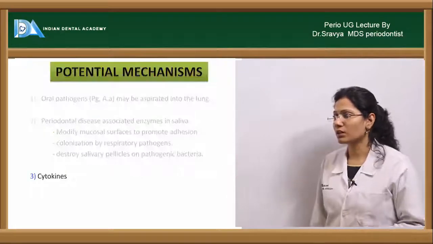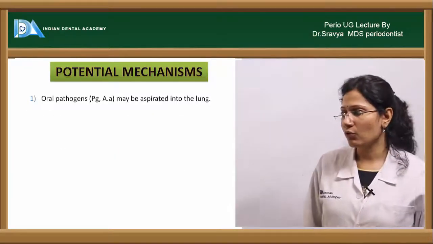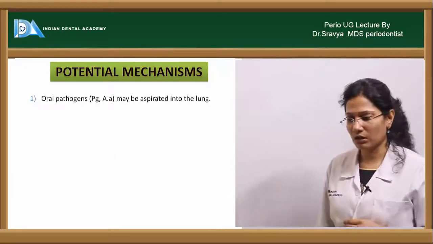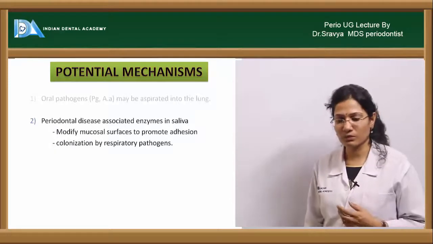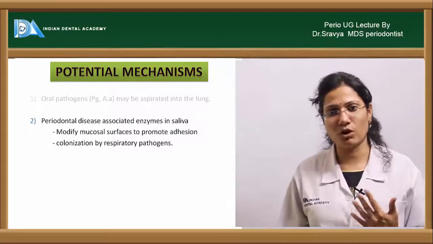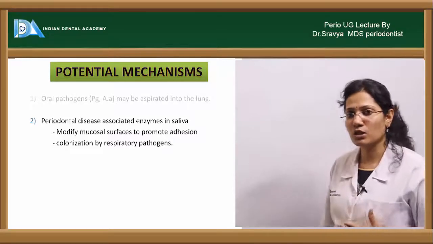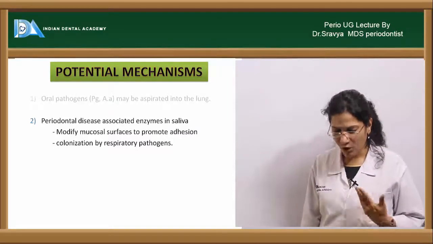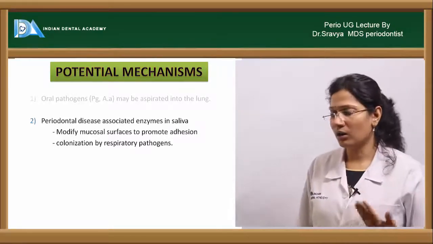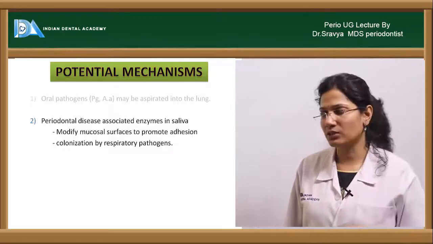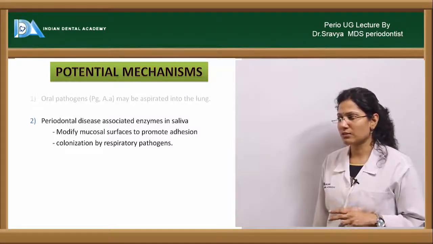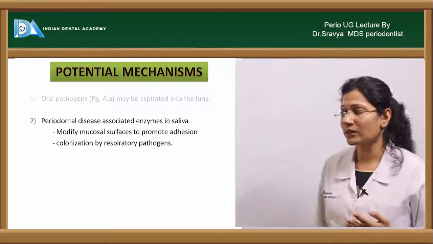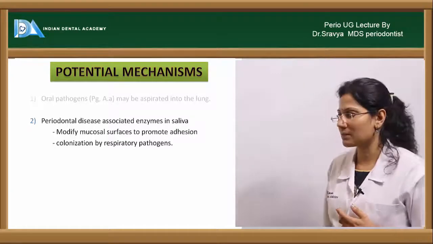So I repeat, the important links are your presence of oral pathogens, which can be aspirated into the lungs. Once they get aspirated, because of the periodontal infection there can be liberation of a lot of enzymes within the saliva, which causes mucosal alteration of the tissues, and then they promote the adhesion of these bacteria onto the mucosal surfaces and help in the colonization of the respiratory pathogens.